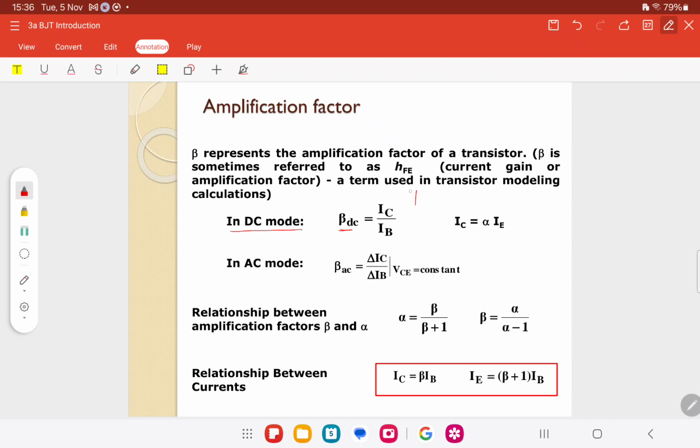Beta IC equals beta IB, from these expressions. In AC mode, it is actually the changes of the current. In DC, beta is the value of the current IC over IB, but for AC, it is the changes.